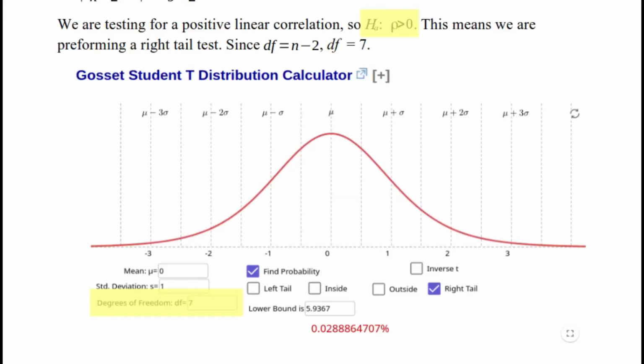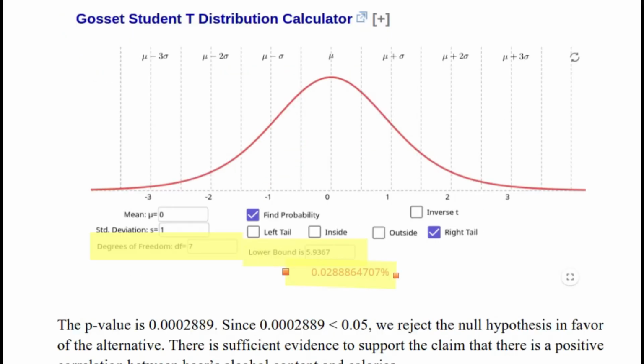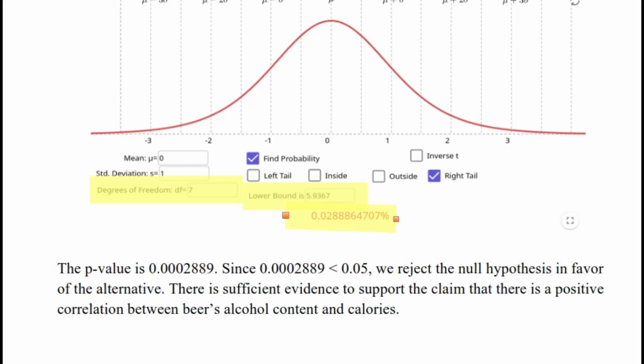And then we ask for the probability, and it tells us that the p-value is approximately 0.0002889. Remember that the calculator gives us our value as a percentage. So all we did in that next step was convert the percentage into a decimal so that we had our p-value.